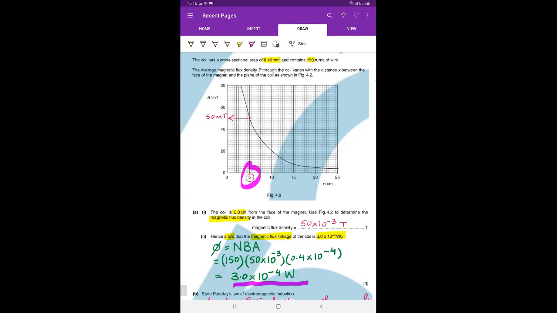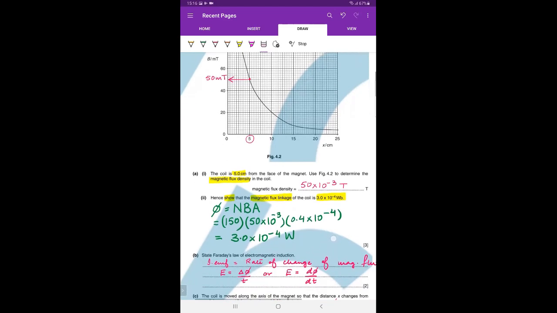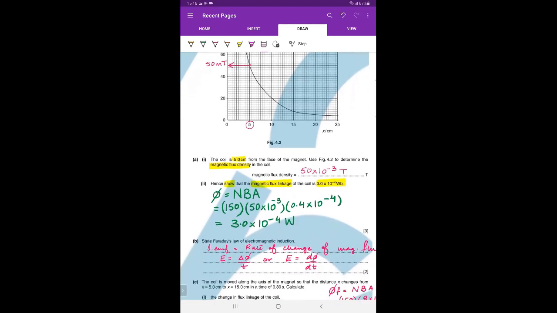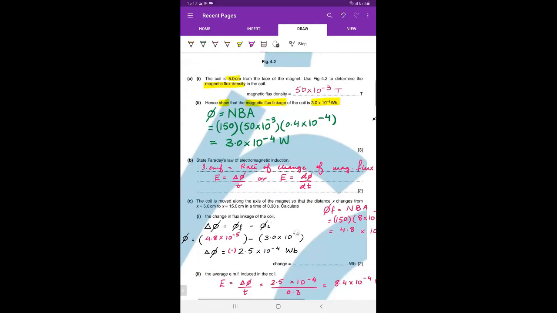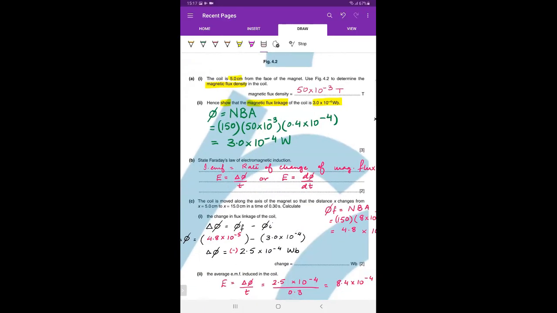Moving on. The question then states, state Faraday's law of electromagnetic induction. वो I think आप बस read कर लो. Next part में it further goes on to say, आगे आप read कर लो.